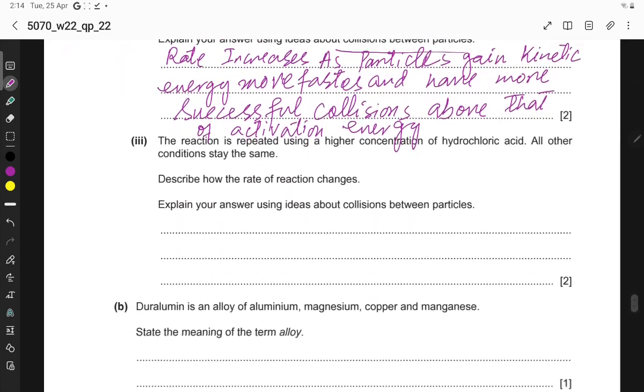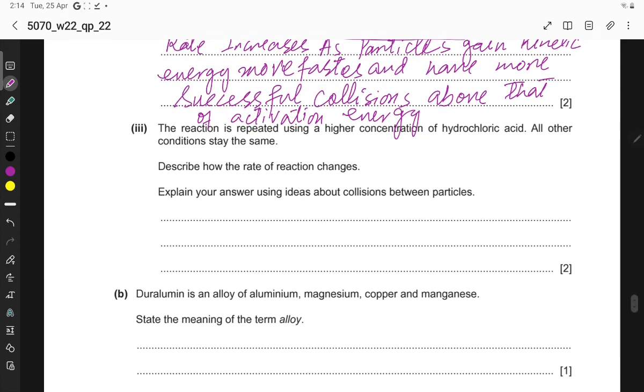The reaction is repeated using a higher concentration of hydrochloric acid. All other conditions stay the same. Describe how the rate of reaction changes.